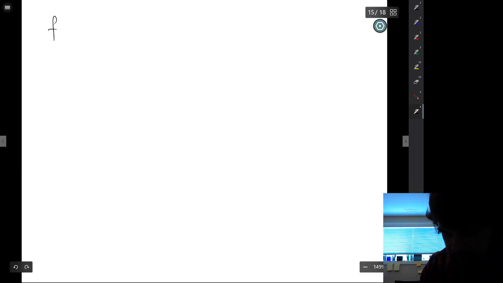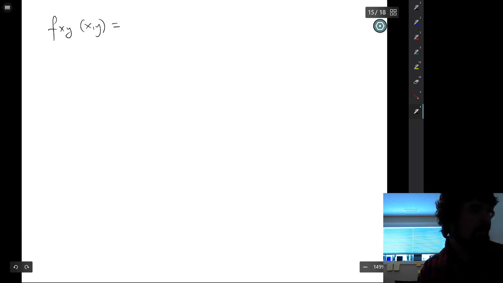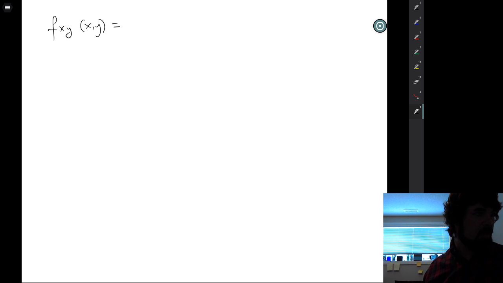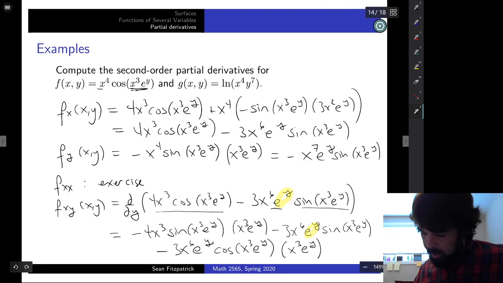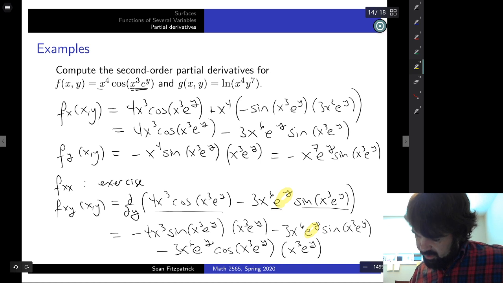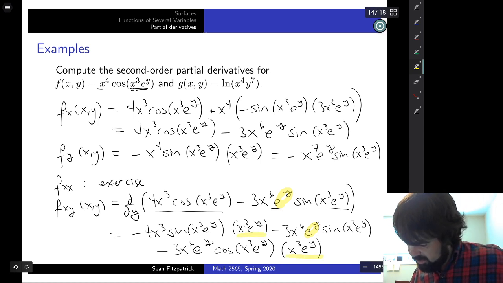Okay, so my f_xy ends up being, there we go. I already changed the page. Okay, x cubed e to the y. Oops. I wasn't fast enough. So there were two terms that had x cubed e to the y in them, right? There was this one and this one.